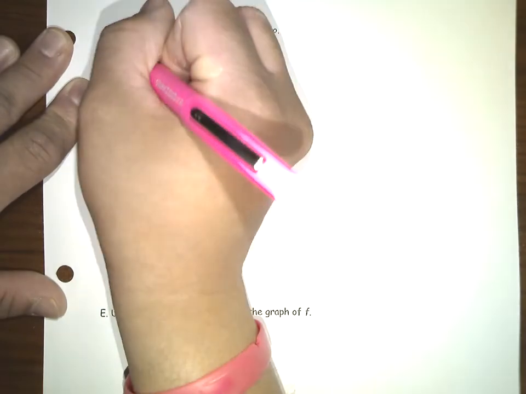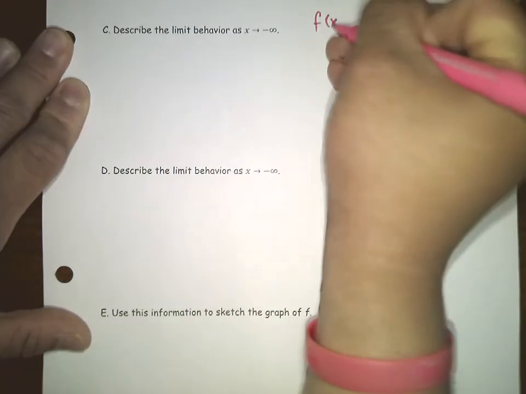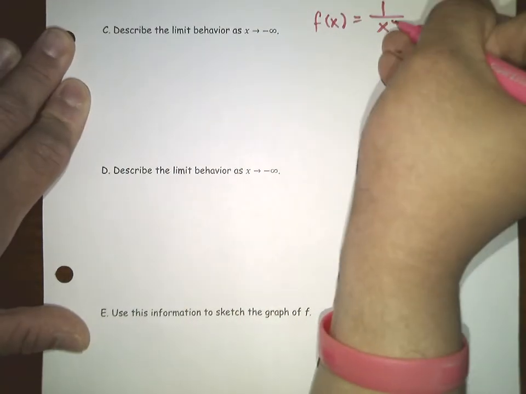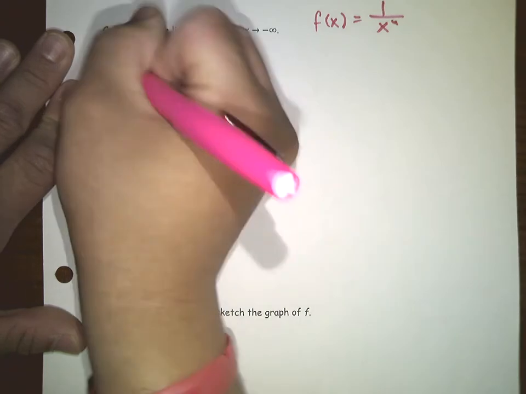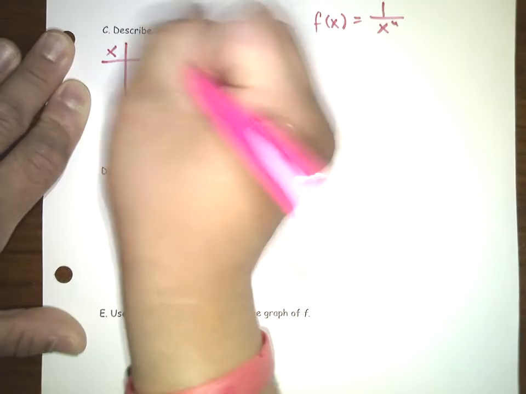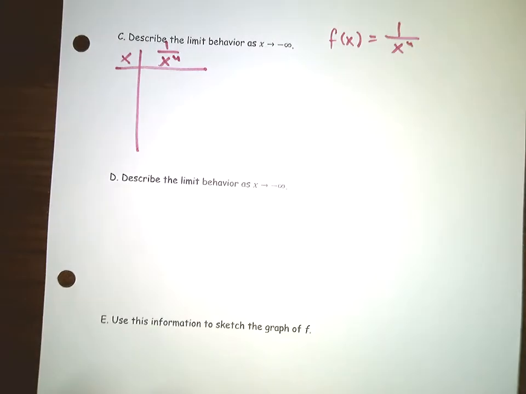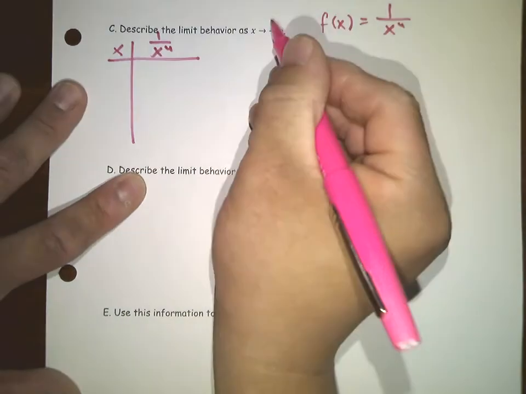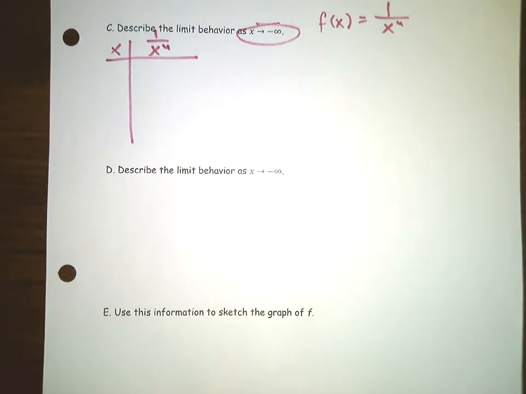Remember, f of x was 1 over x to the fourth, right? So if we want the behavior as x approaches negative infinity, we can substitute some really, really large negative values just to see what this is.